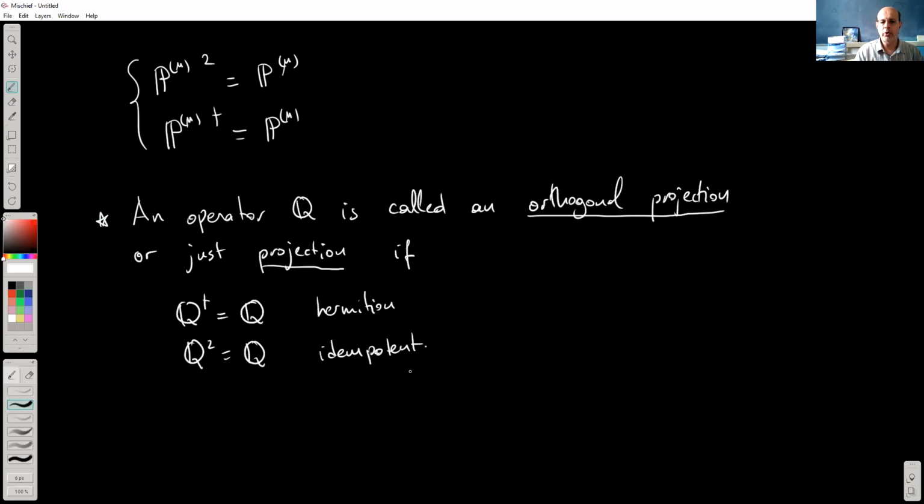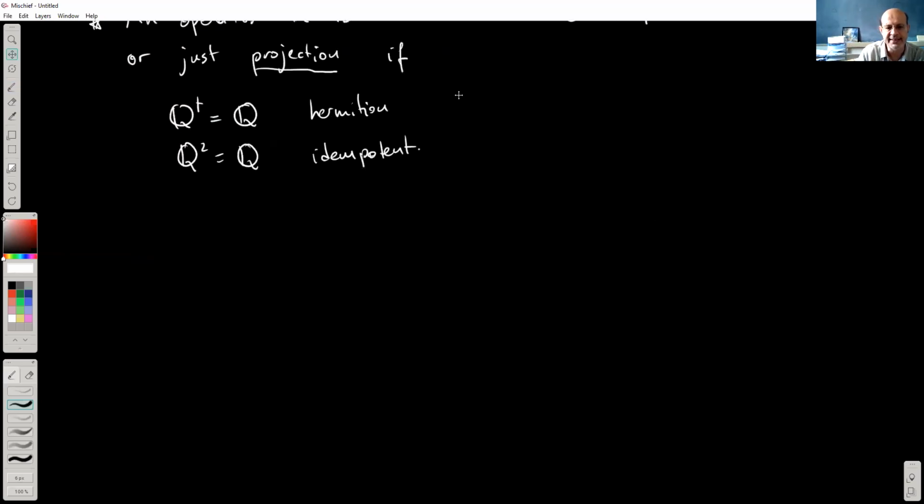Well, why do we call these operators satisfying these properties projection operators? Because they actually correspond to something that we call a projection. So it's something like this, right? So there's some kind of a subspace in here.